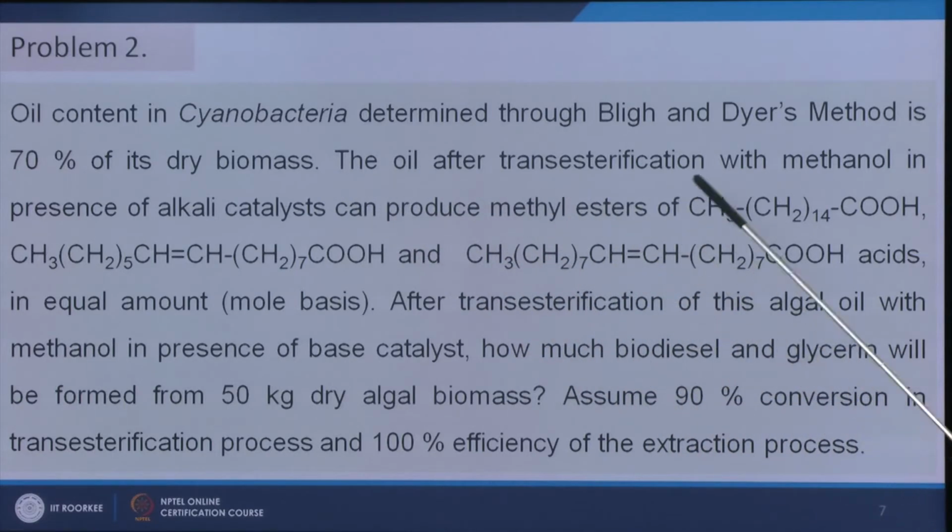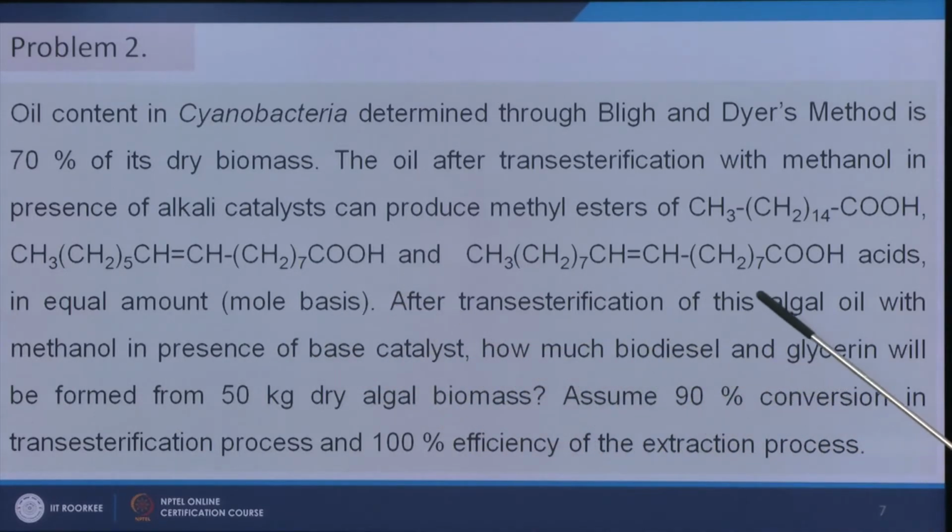The oil after transesterification with methanol in the presence of an alkali catalyst can produce methyl esters of CH3 (CH2)14 COOH, CH3 (CH2)5 CH double bond CH (CH2)7 COOH and CH3 (CH2)7 CH double bond CH (CH2)7 COOH acids. So, these 3 acids' methyl esters can be formed in equal amounts on a mole basis.